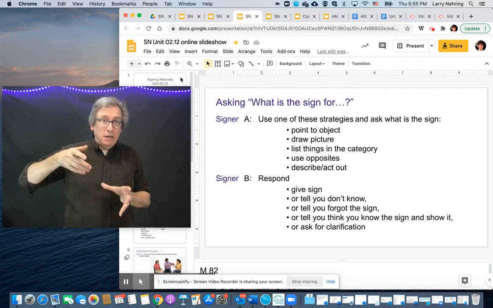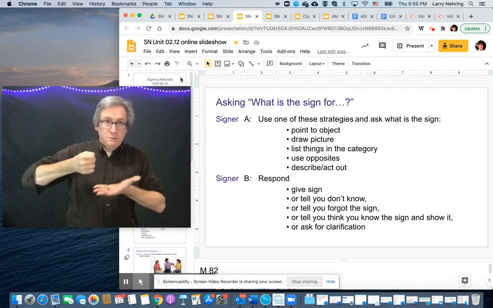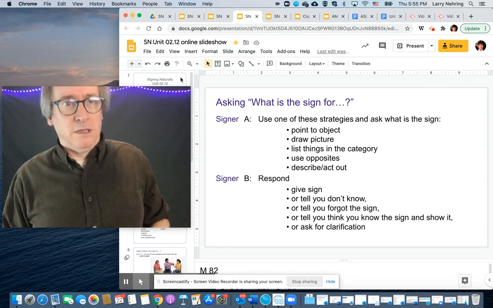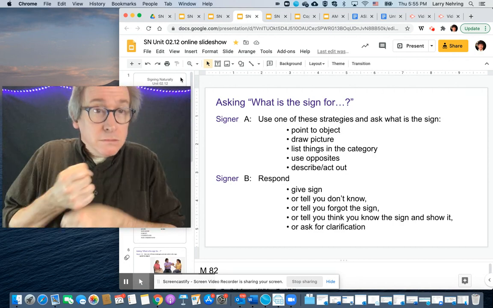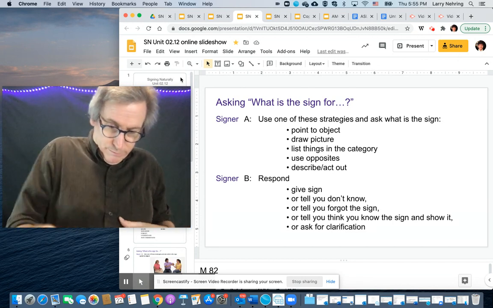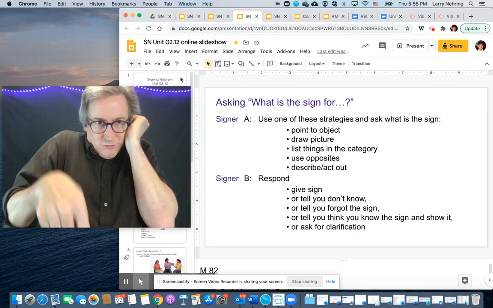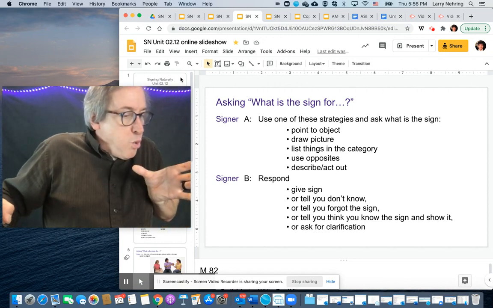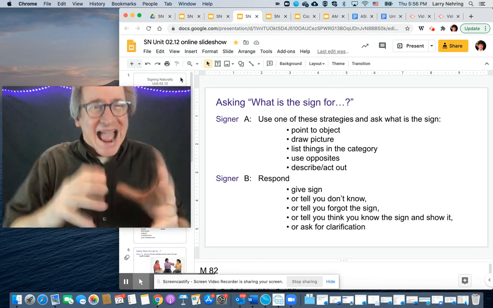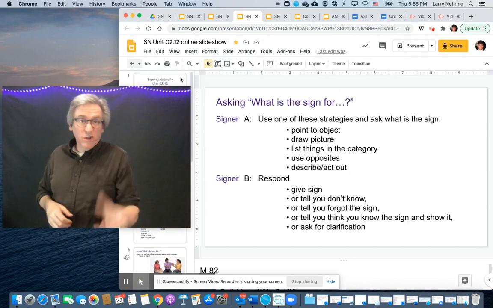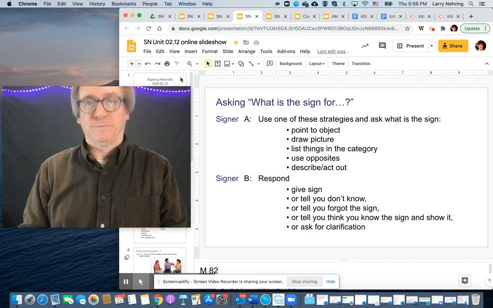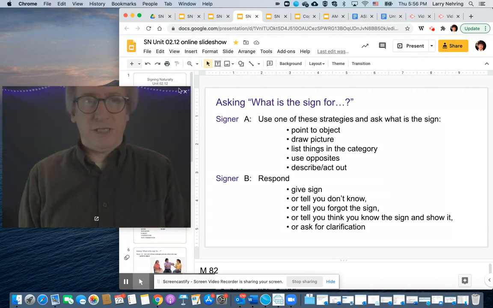I don't know what you would sign for beer, but coffee, where you grind it, put the water in, wait, drip, drip, drip, and pour some milk in it. Acting it out is probably your best way, although your first instinct is going to be to fingerspell, and we know how fun fingerspelling is. We'll talk about the responses in just a second.